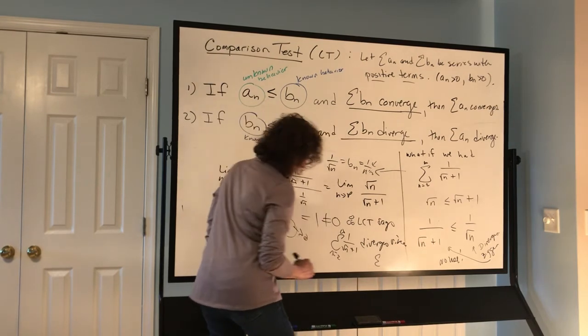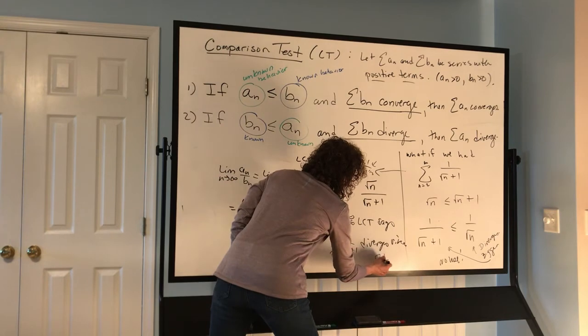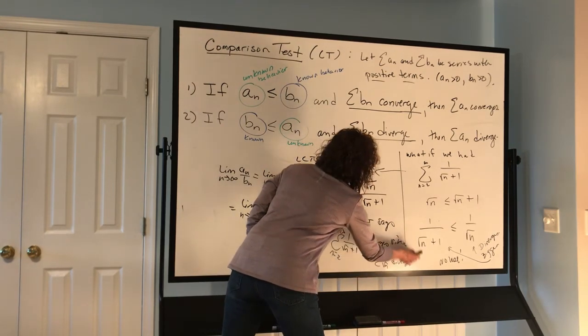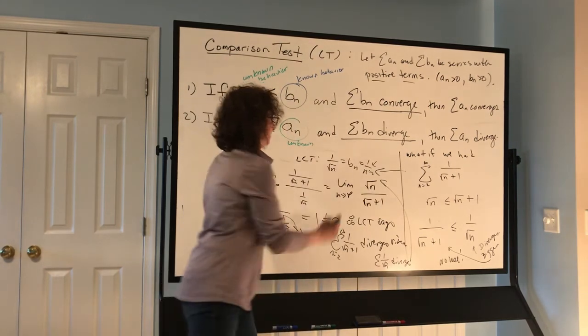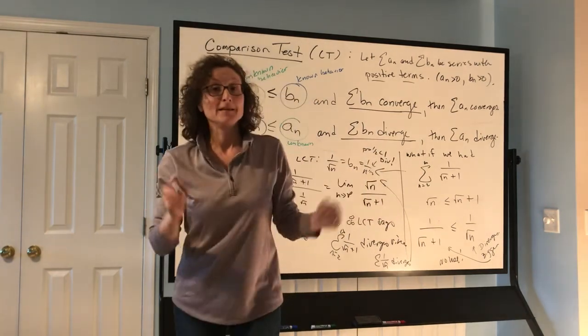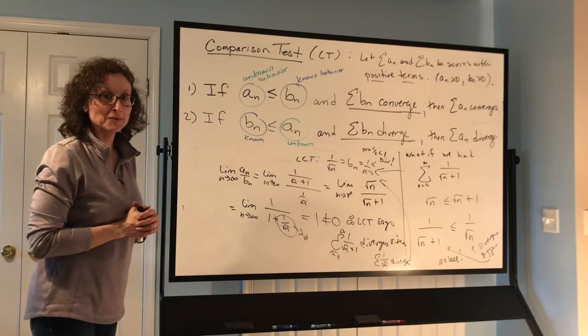Hopefully you will remember that. Diverges since 1 over the square root of n diverges. Yeah? If you keep writing down what the rule is, hopefully you won't forget it when it matters.